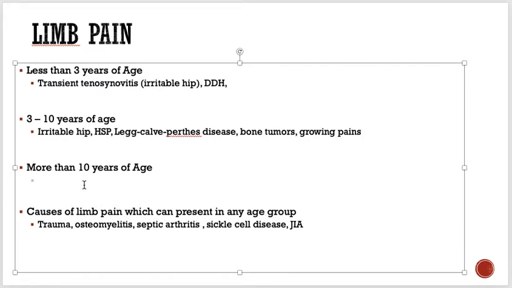In children more than 10 years of age, other than the common causes which I already talked about, irritable hip is not common. Rather, this age group gets most of the rheumatological conditions like SLE, dermatomyositis, and all this stuff.